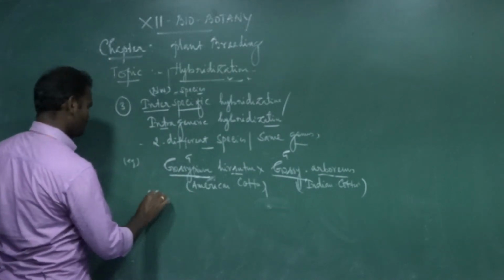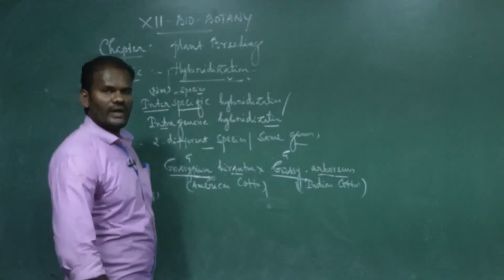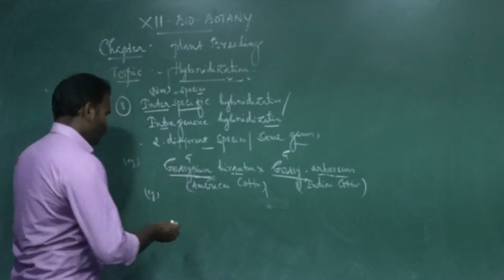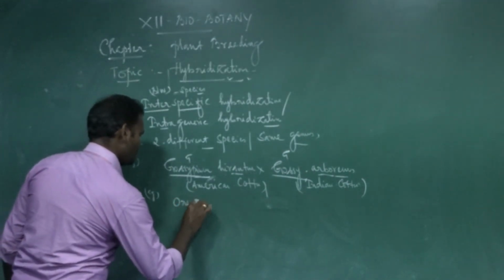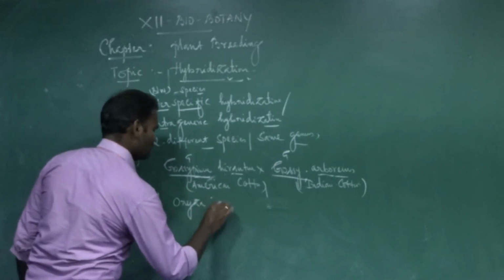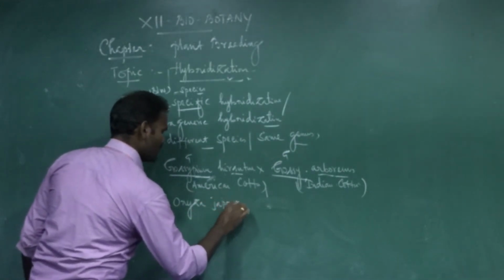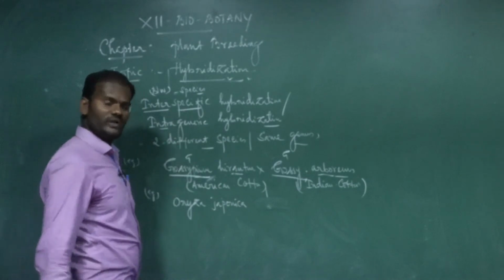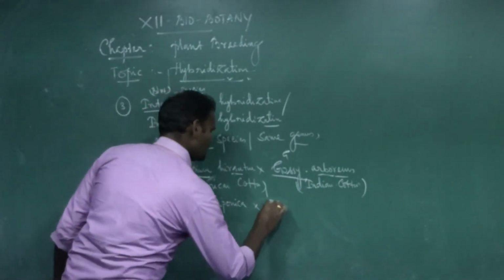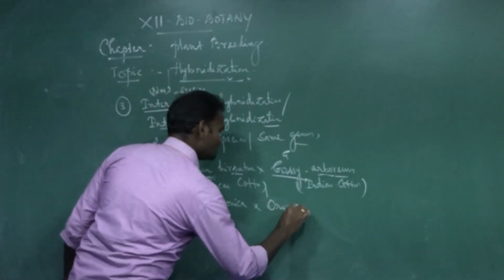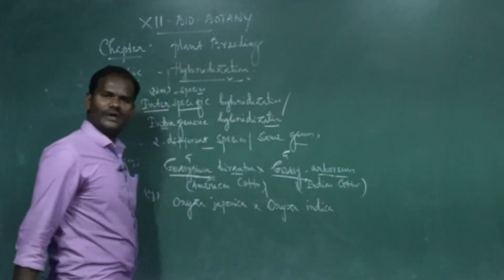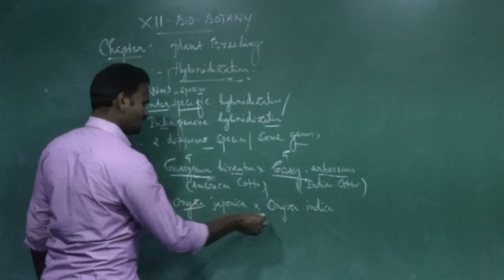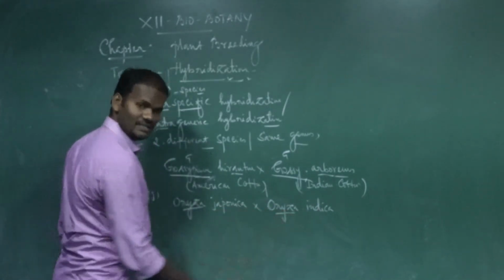Another example, rice varieties. Oryza japonica, a Japanese rice variety, is crossed with Oryza indica, an Indian rice variety. Oryza is the same genus, different species.